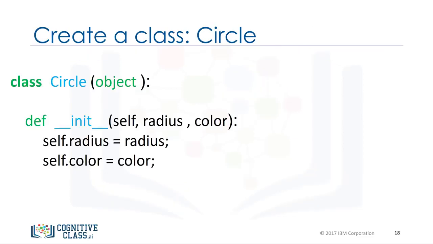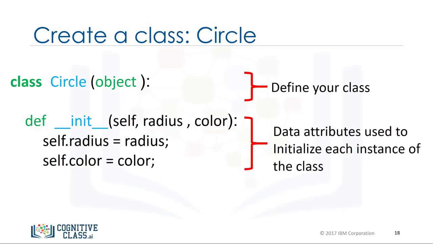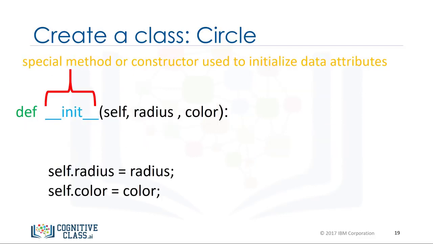Let us continue building the circle class in Python. We define our class. We then initialize each instance of the class with data attributes, radius, and color using the class constructor. The function init is a constructor. It's a special function that tells Python you are making a new class. There are other special functions in Python to make more complex classes.